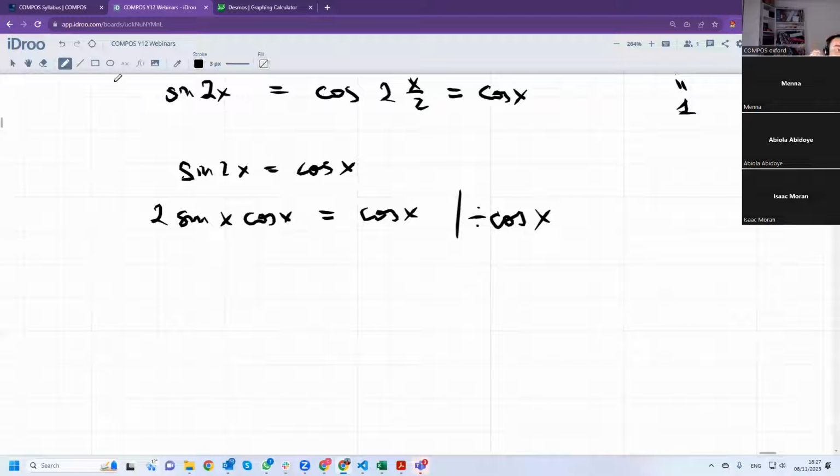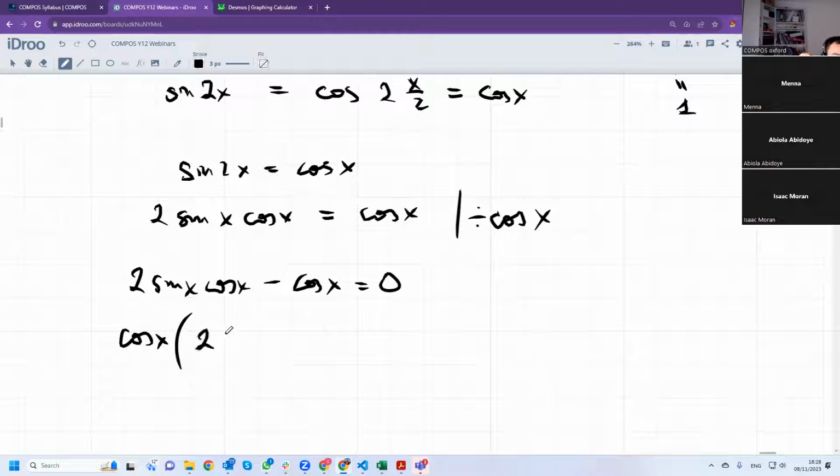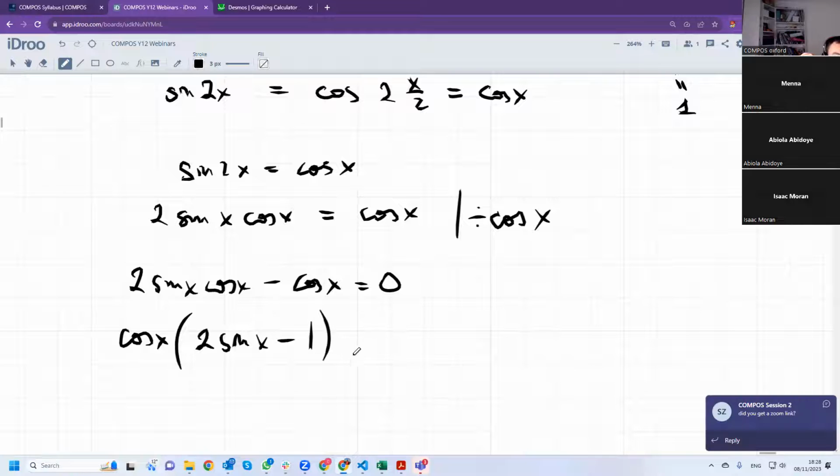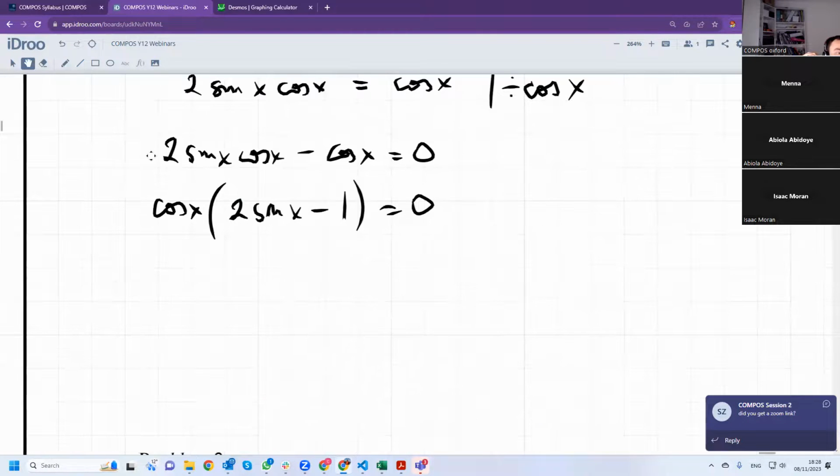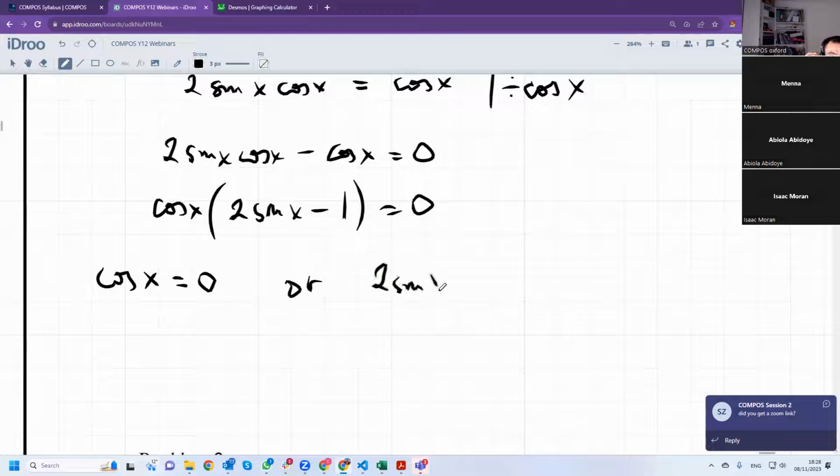So there are two options here. You can say, let's take everything to the left-hand side and factorize. So that's option 1. You get 2 sine x cos x minus cos x is 0. Cos x, open bracket, 2 sine x minus 1, equals 0. And then you have two options. Either cos x equals 0 or 2 sine x minus 1 equals 0. And then you solve it.